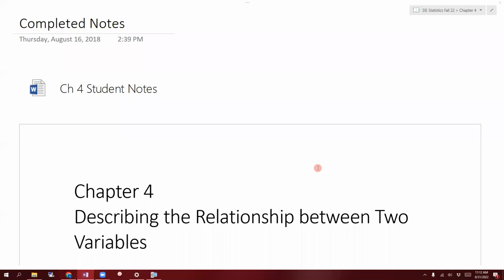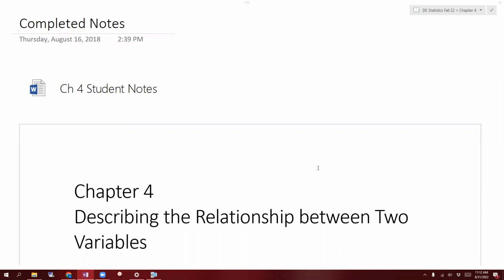All right, so we're going to be starting chapter 4 today. In chapter 4, we get into looking at two variables instead of just one variable and talking about the relationship between those two variables. Oftentimes, when we're trying to create a visual representation of those two variables, we use what's called a scatter plot or a scatter diagram.